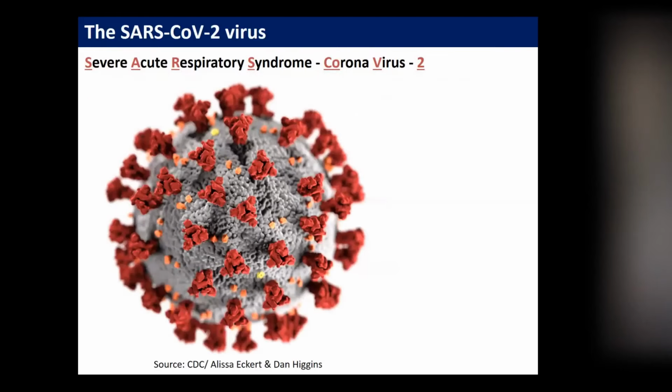COVID-19 is caused by a very small virus with a very, very long, complicated name. It's the severe acute respiratory syndrome coronavirus 2, or SARS-CoV-2 for short. And it's an enveloped virus.